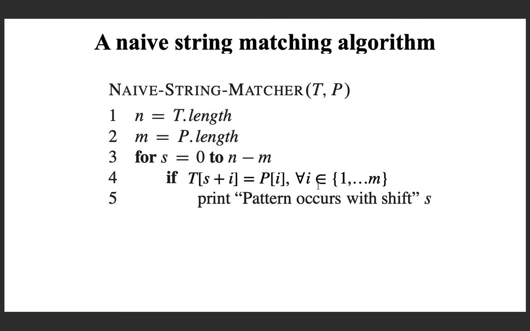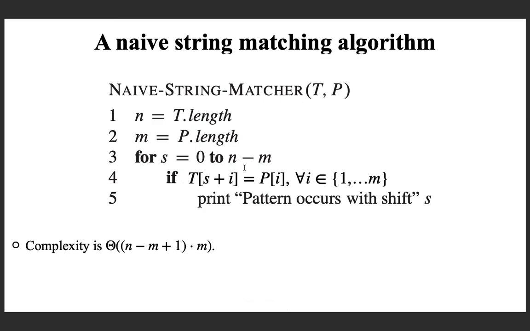For all i in the set of all indices for this array pattern, you are checking whether the pattern is occurring in the text just after the shift s. If it is so, then print that pattern occurs with the shift s. If the verification fails, then you are not going to print anything for that particular case.